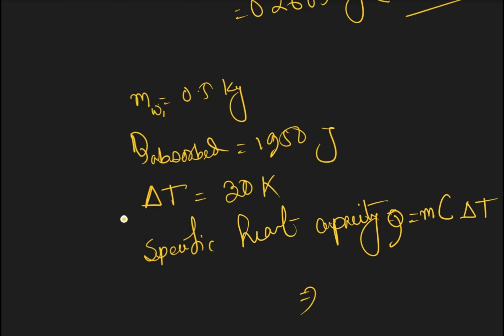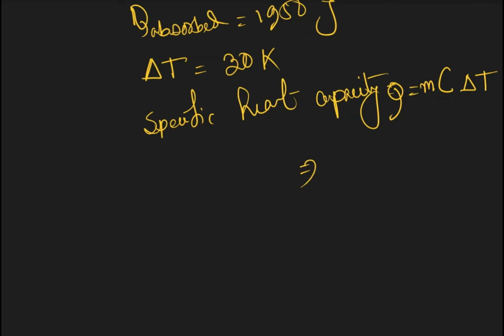So here the value for the specific heat of the wire is equal to Q over m delta theta, right? So what is the value of absorbed heat?